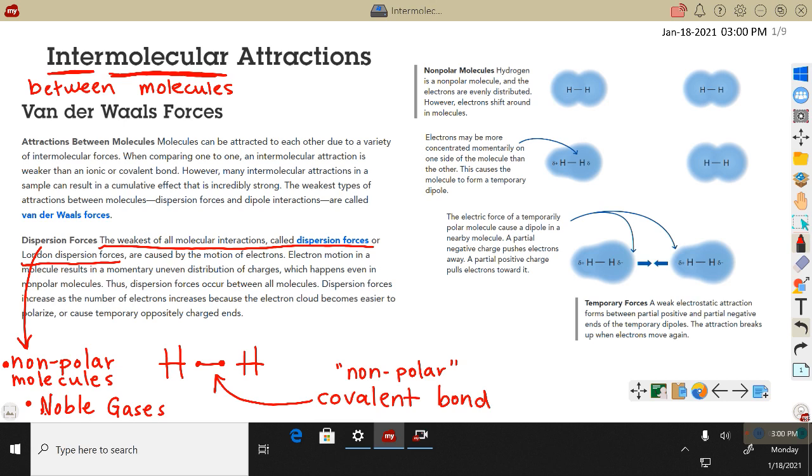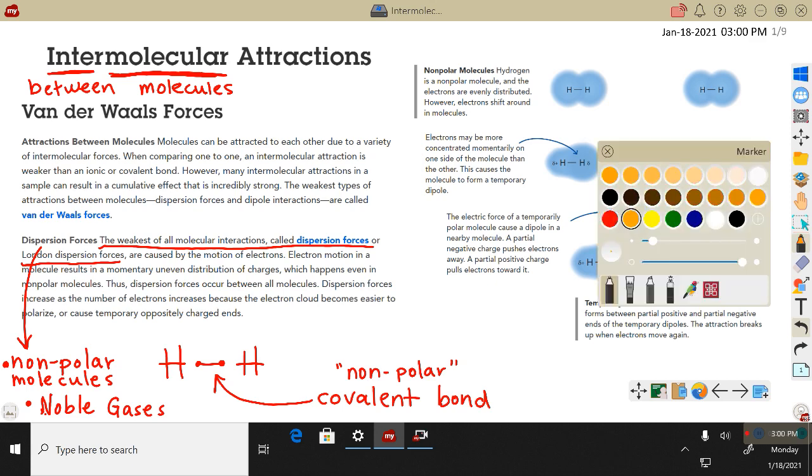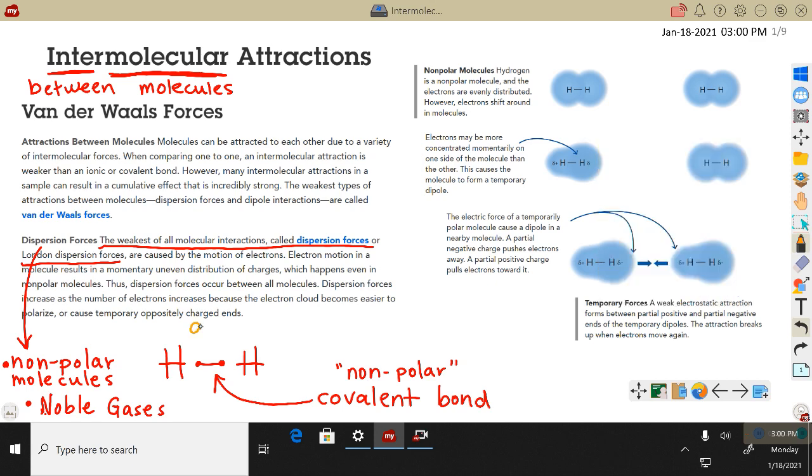Here's the concept. For example, H2, diatomic hydrogen, was a nonpolar molecule. For the most part, these nonpolar molecules do not have substantial charges. The electrons are shared equally, and so 99% of the time, I picture the electrons looking like this.